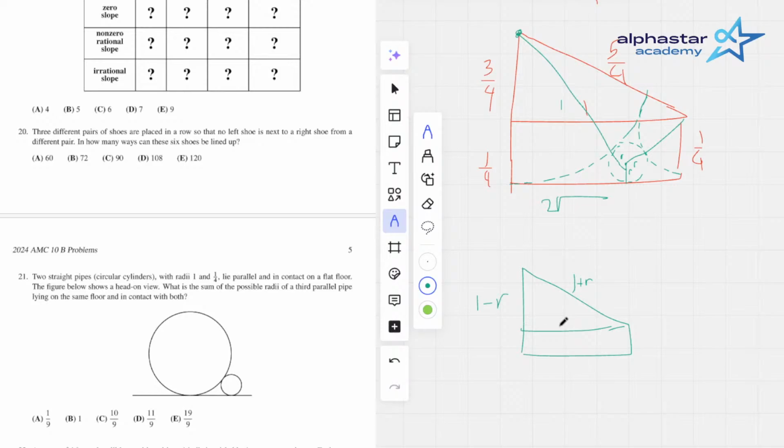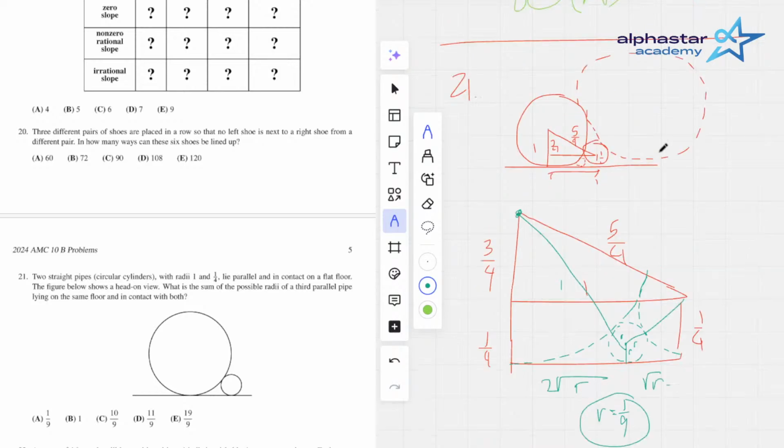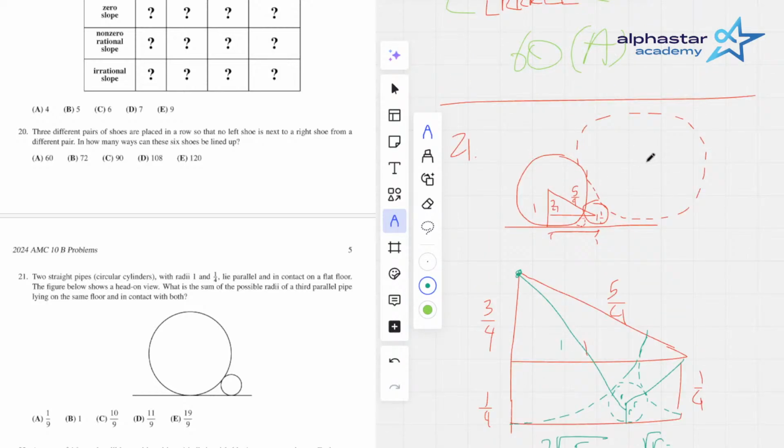then this is root 4R, 2 root R, and then this is root R. Because it's 1/4 plus R, 1/4 minus R. So, yeah, that would be root R. So 3 root R equals 1, R equals 1/9. And then for the larger one, that would be R plus 1, R minus 1.